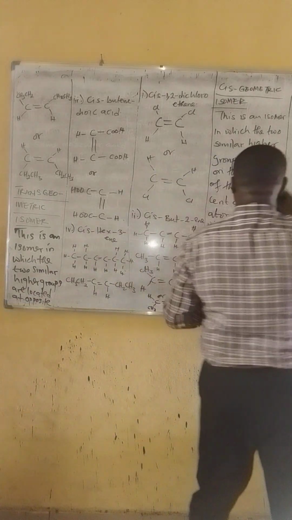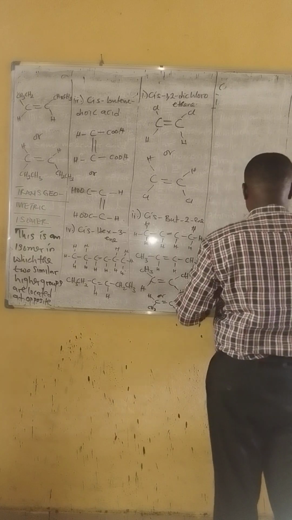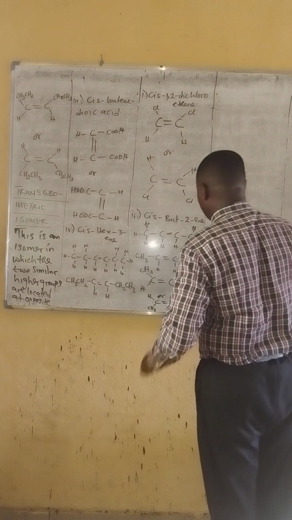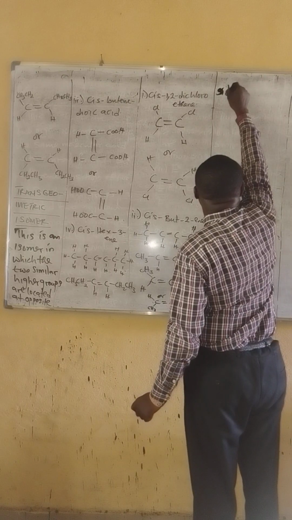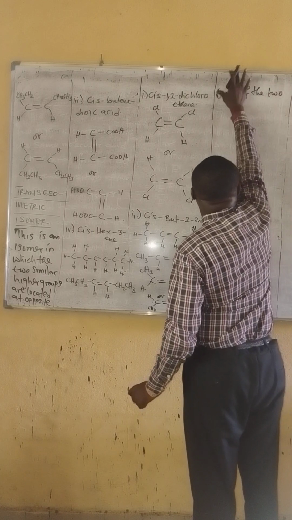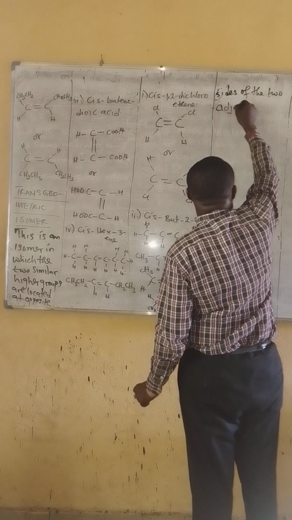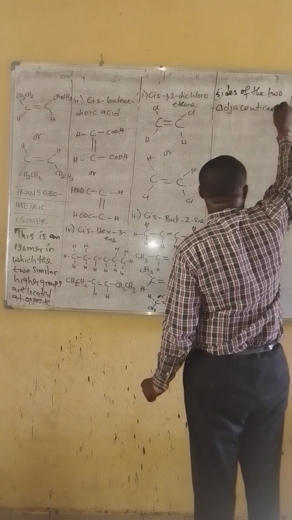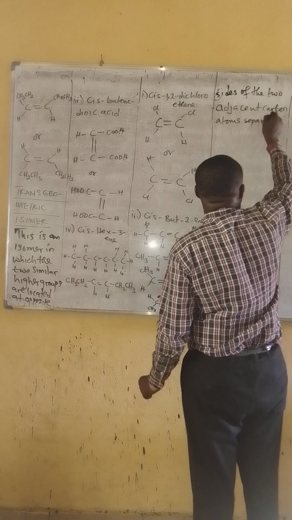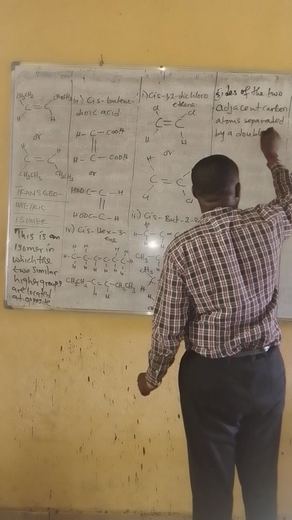They are located on opposite sides of the two adjacent carbon atoms separated by a double bond, double covalent.